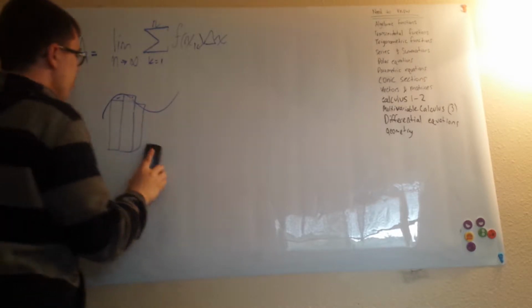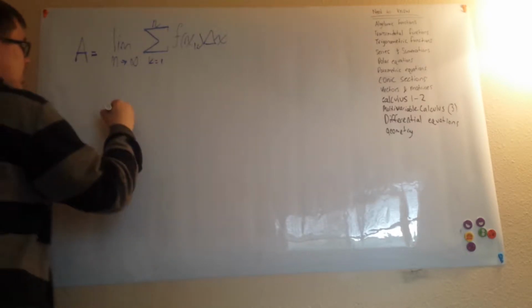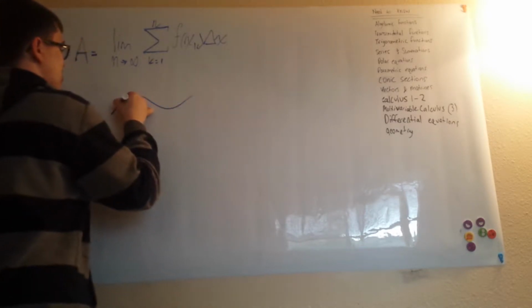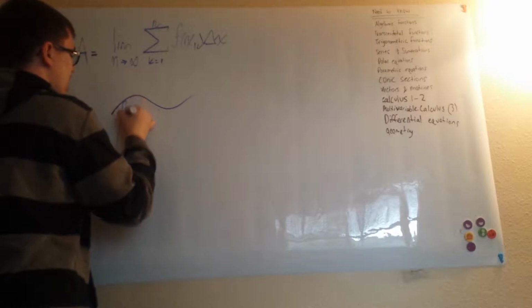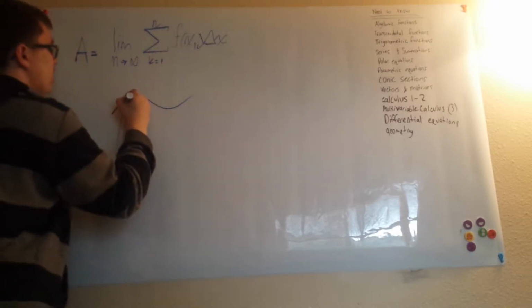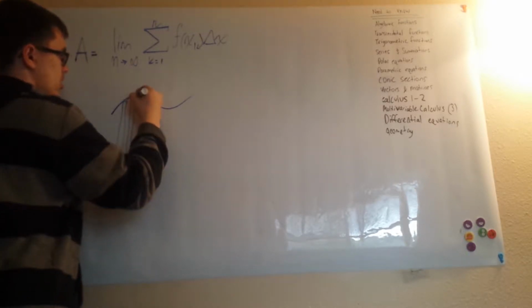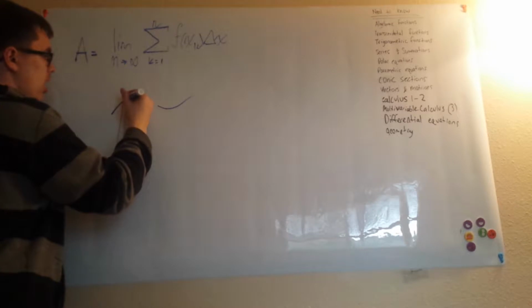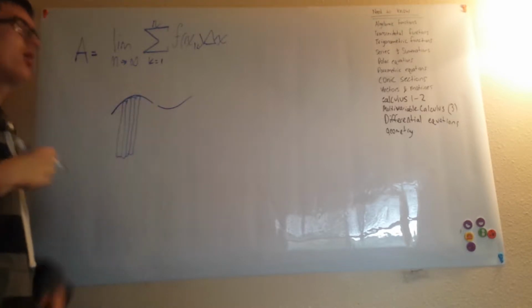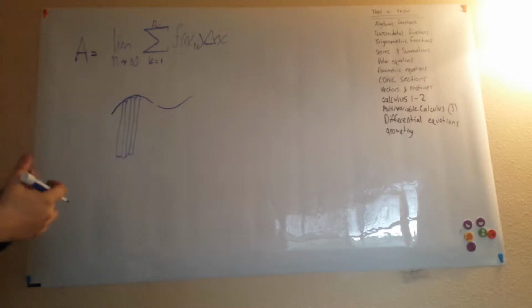So if we want to find the exact area, well, let's take the limit. Let's find out what happens to this value as we let the number of rectangles get larger. Well, obviously I'm having less pieces left over, so I'm getting more accurate with my answer.